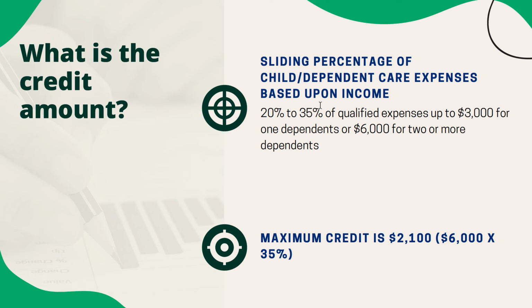At three or more, you don't get any additional credit amount. So when you do the math, if you were eligible for the maximum credit, that would be $6,000 times 35%, or $2,100.